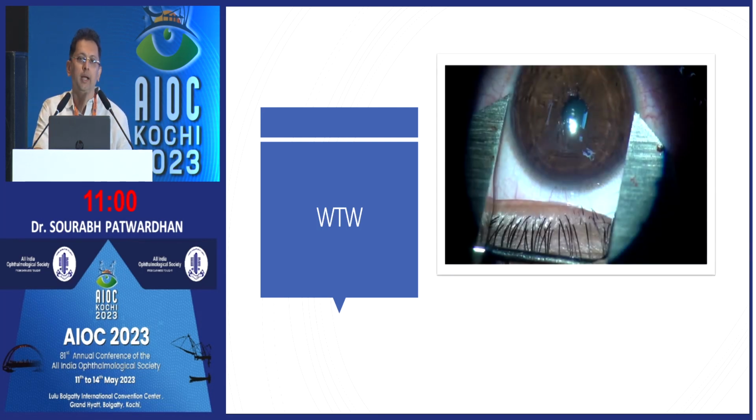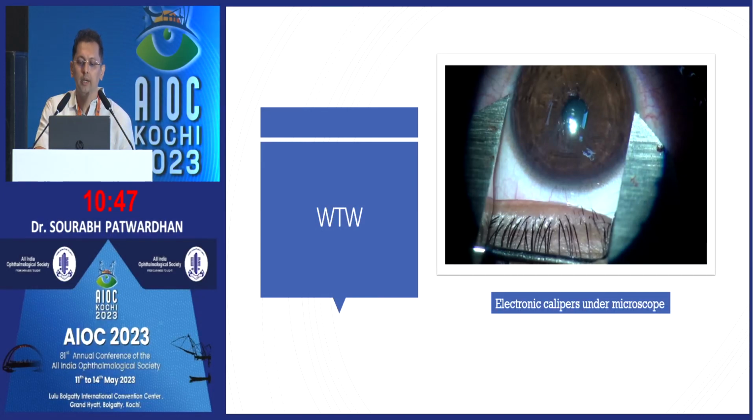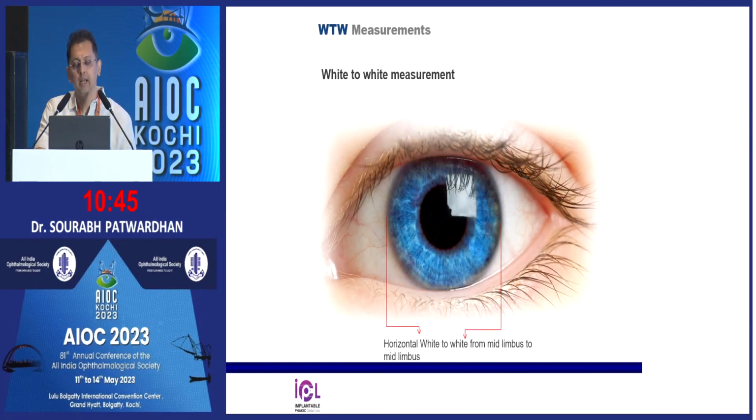Now white to white, I think, is the one measurement that has to be very accurate, because vault is the final thing which determines the final success of our Phakic. So we always prefer electronic calipers under the microscope, with the patient lying supine.